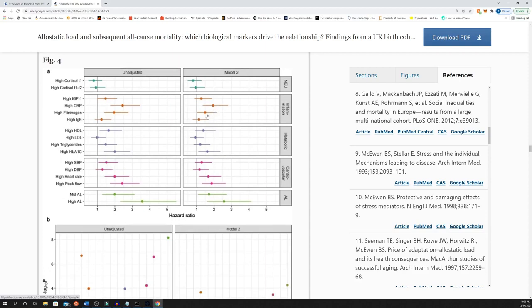And then everything else, let's see, IGF-1, immunoglobulin E, no. This is probably a bit shocking right here, HDL. It is not significantly associated with mortality risk, but look how close it is. It is close.